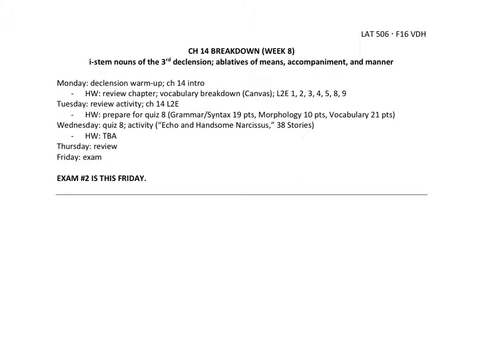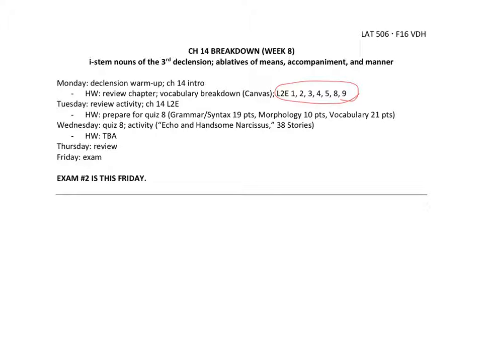Okay, before we get into the actual material though, here is our breakdown for the week's events. Today, of course, we are introducing Chapter 14, and your homework for Tuesday is going to be your traditional homework. So make sure you review the chapter, go over the vocabulary breakdown, which has already been posted on Canvas, and then prepare these sentences for Tuesday: 1, 2, 3, 4, 5, 8, and 9.